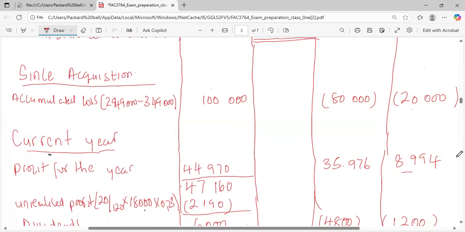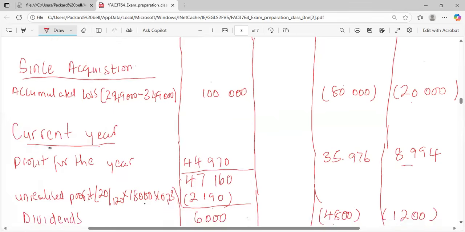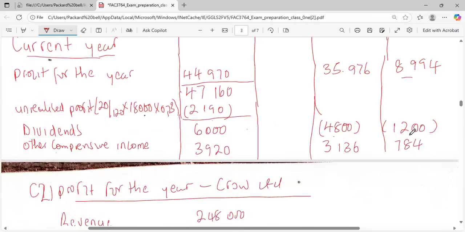Then we go to the dividends. We subtract that intra-group dividend, so I'm going to subtract 1,200. Then we go to other comprehensive income. We add 784.